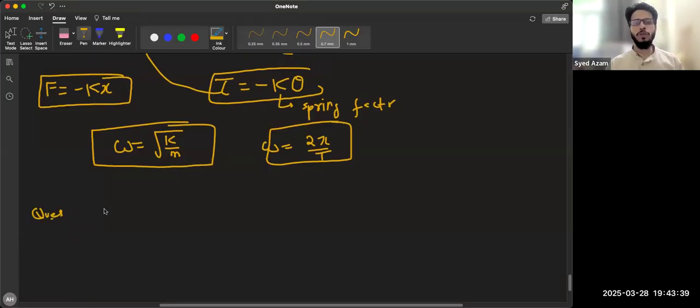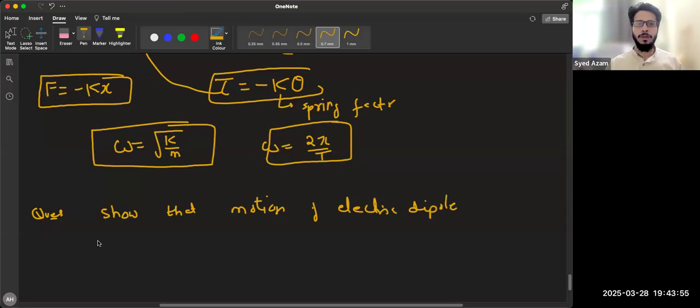The question says, show that the motion of an electric dipole in a uniform field is SHM.